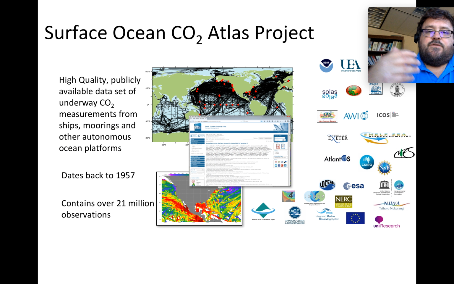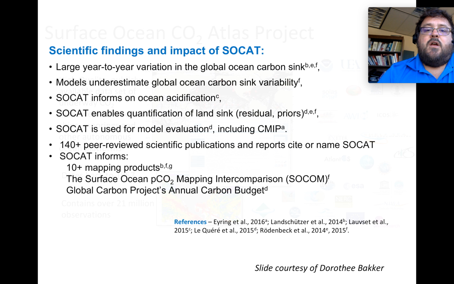The Surface Ocean CO2 Atlas project that we heard about earlier is one of the great examples, because we can actually track the impact of that data because of the DOIs and the hard work of the data team there. We know who's using the data and what impact it's having, and I think that's very important. A lot of people want to know what their data is impacting and who's using it.